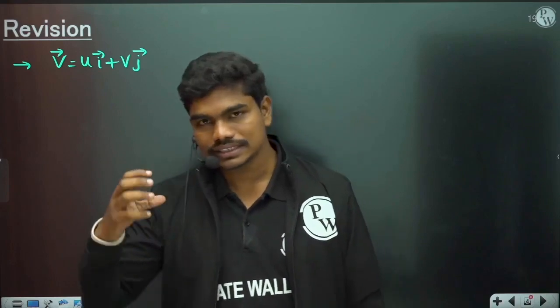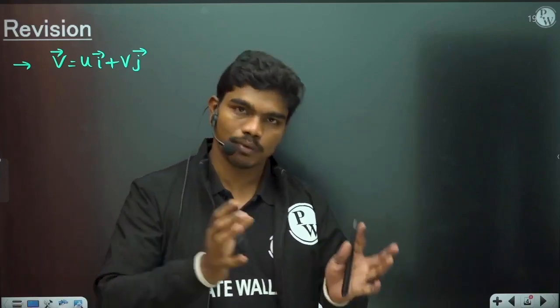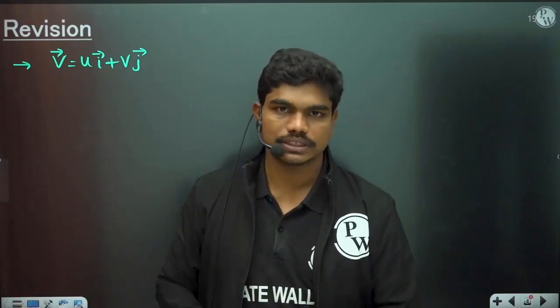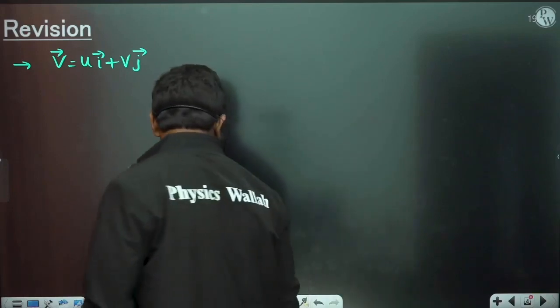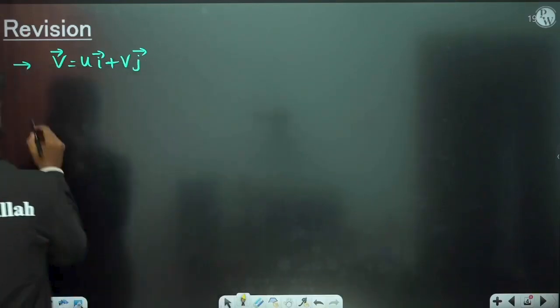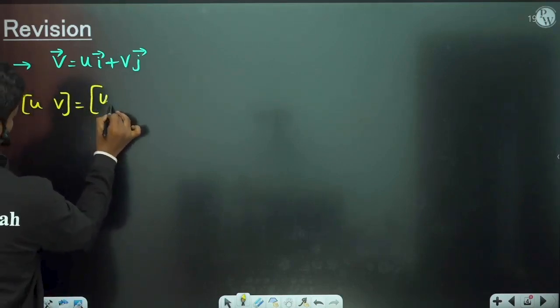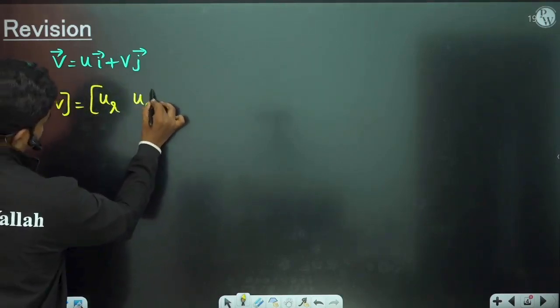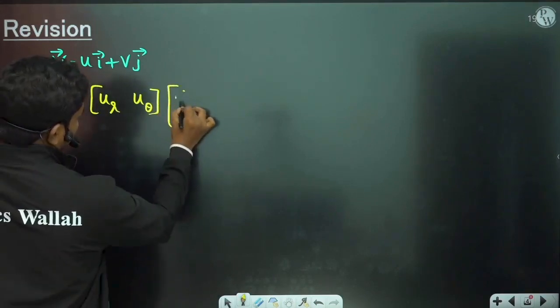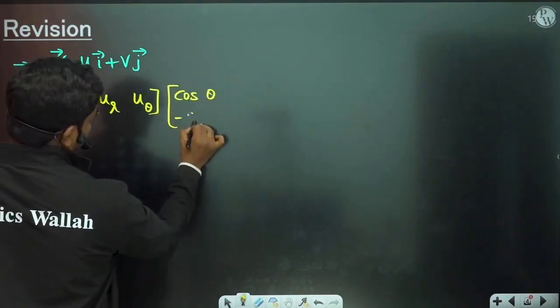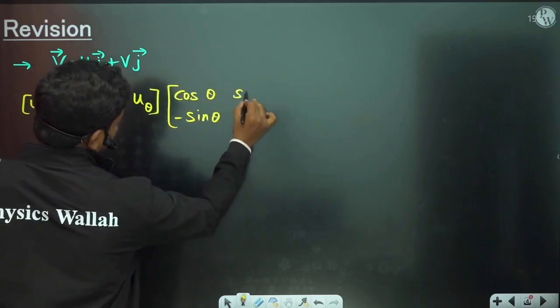We converted these Cartesian components into polar coordinates, and we saw how those equations came. We used this matrix system: u r, the radial velocity, and u theta, the azimuthal velocity, times cos theta, minus sin theta, and sin theta, cos theta.